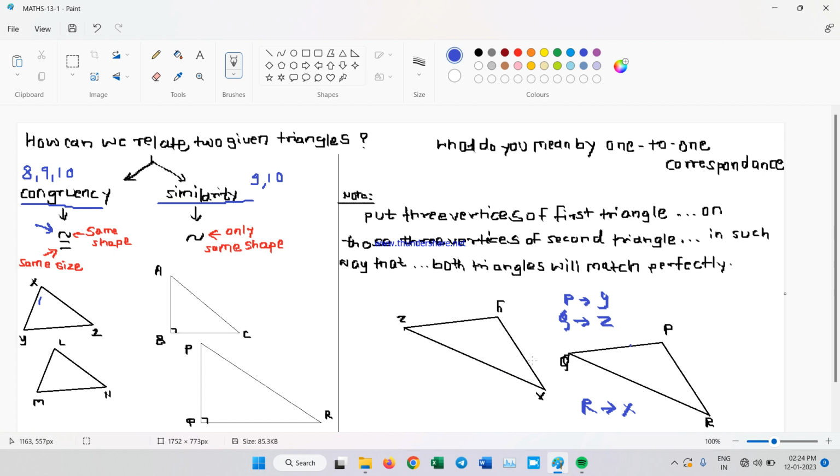So this is called one-to-one correspondence, that is, which point is related to which point. Okay, let's move to the second slide.